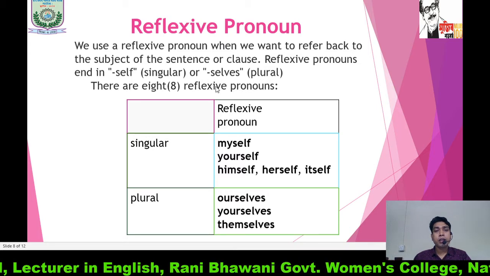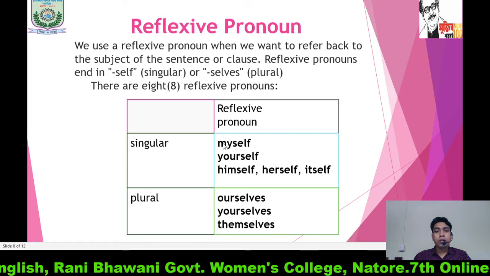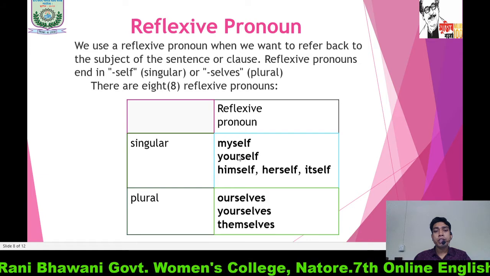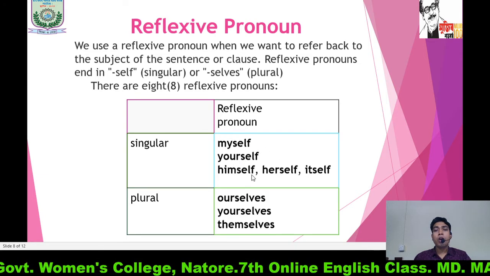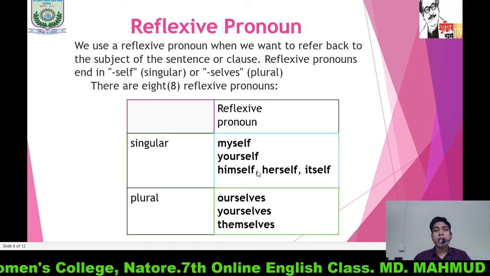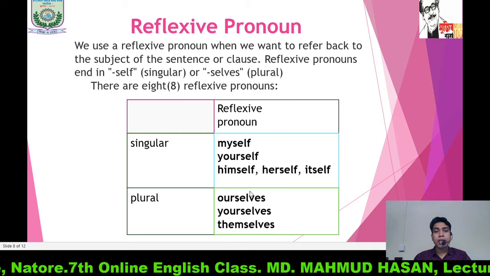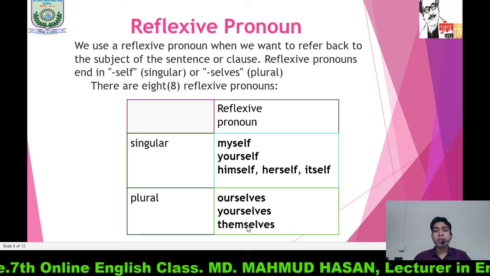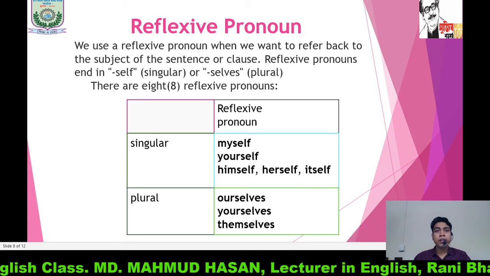There are 8 reflexive pronouns: myself, yourself, himself, herself, itself. All these 5 reflexive pronouns are singular in form, and ourselves, yourselves, and themselves are plural in form.